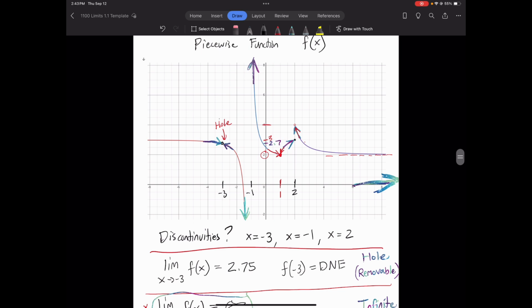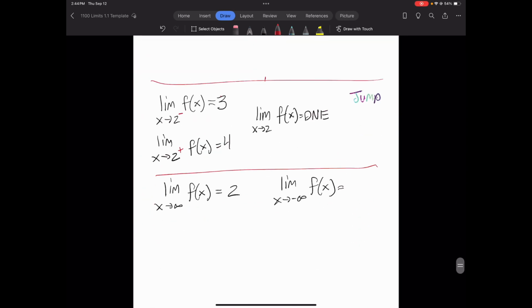What's happening as my x values get infinitely negative? We can see that my graph approaches this value, 3. So in this case, my function also approaches a finite value as I go to the left direction. Okay? So this is my end behavior.